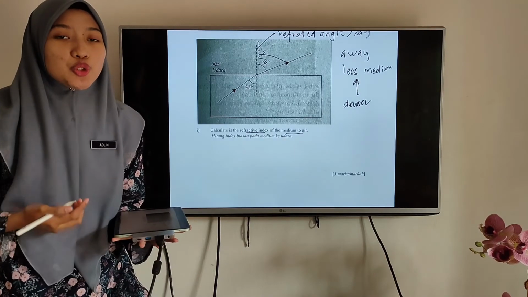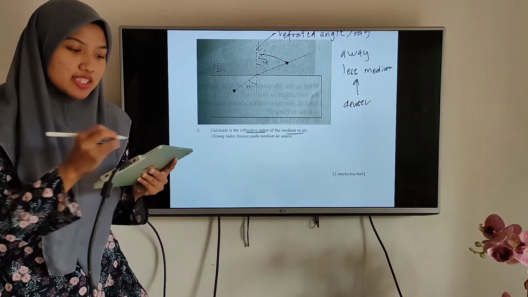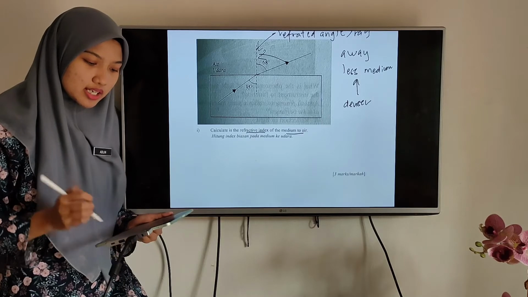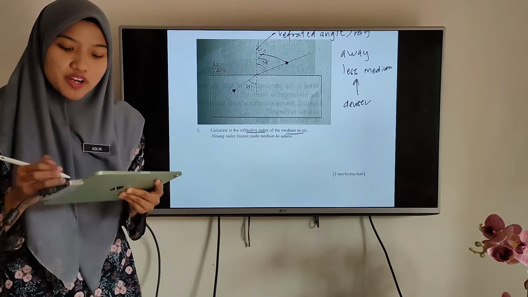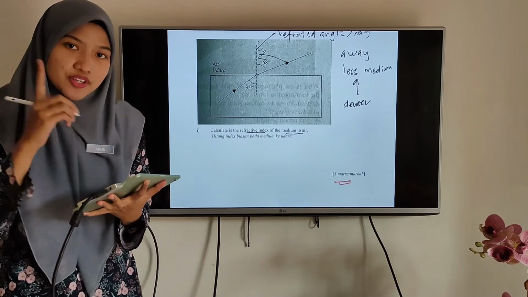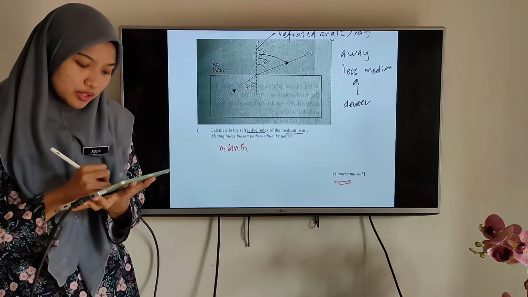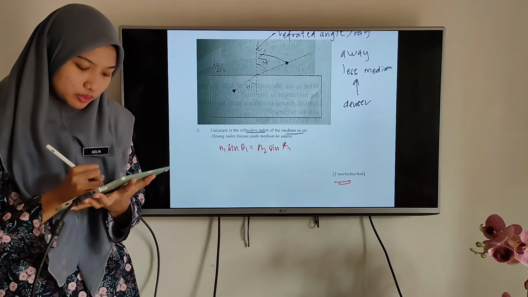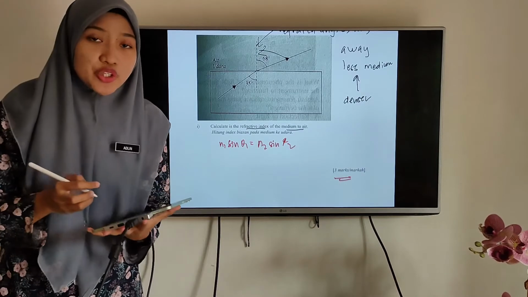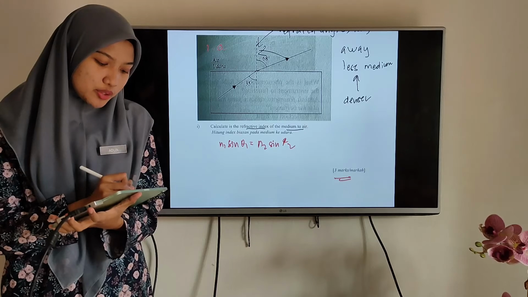But here I want you to use the law of refraction because of the marks. You can see that the marks is 3 marks. So the question asks you to find using Snell's law. So first write the formula. n1 sin theta 1 equal to n2 sin theta 2. Okay, we know that air is 1.00.